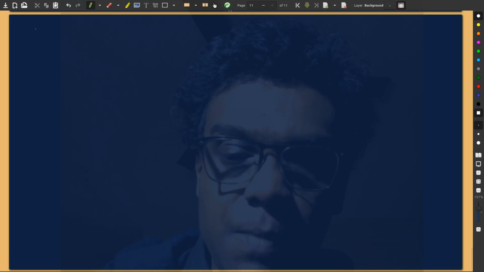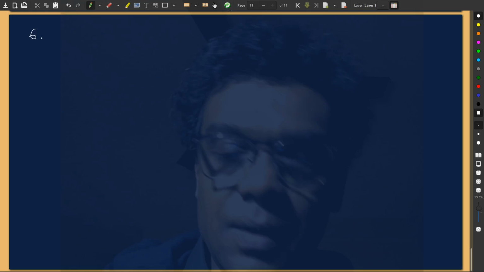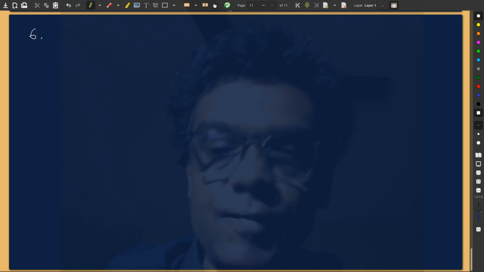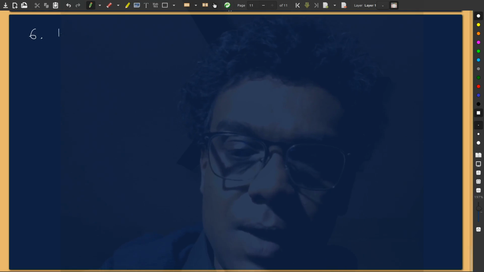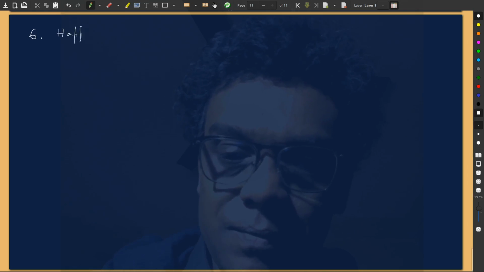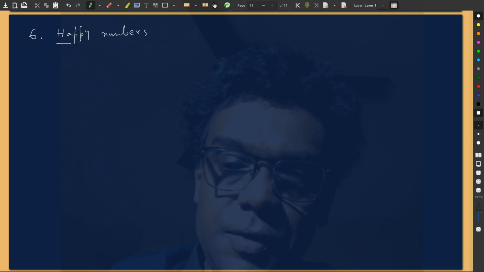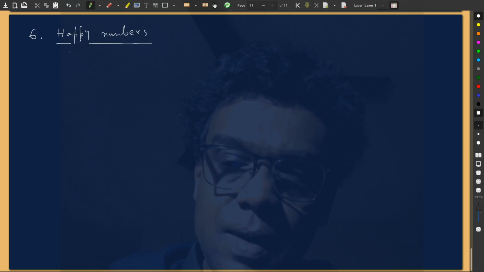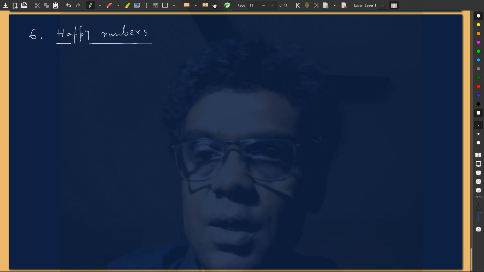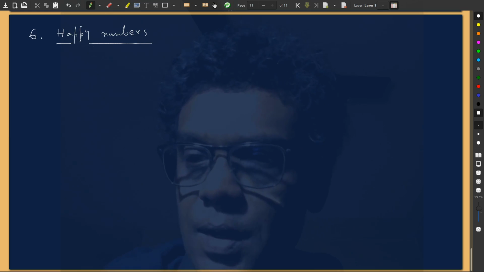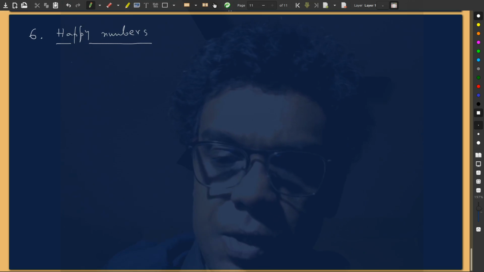Okay, maybe a few other examples. Maybe this one. Happy numbers. This family is also specified by a procedure, a rule. Maybe I start with something like, let's say 21.